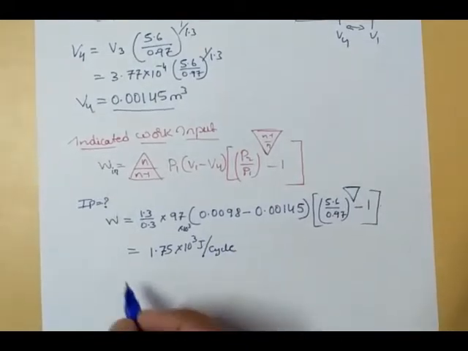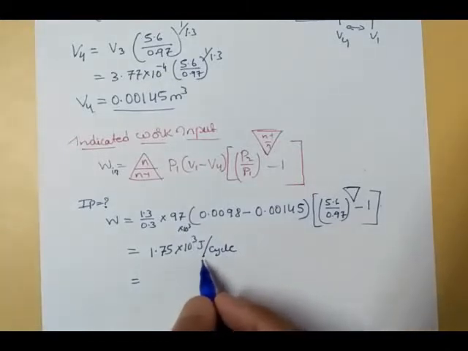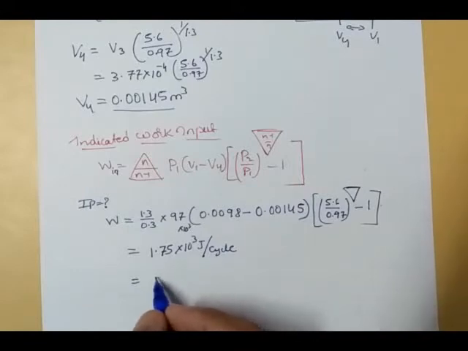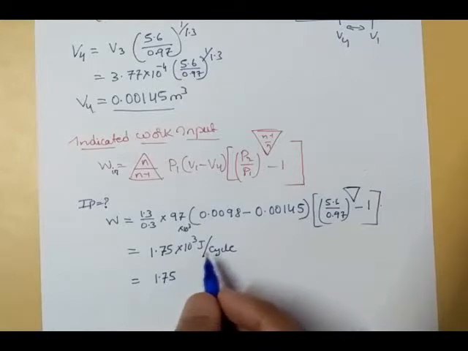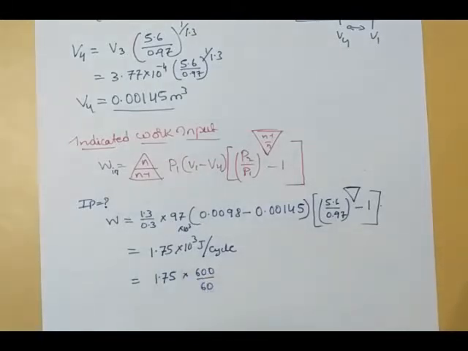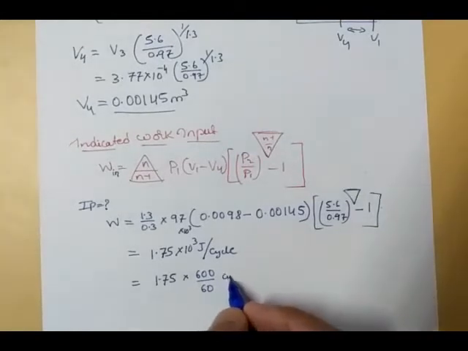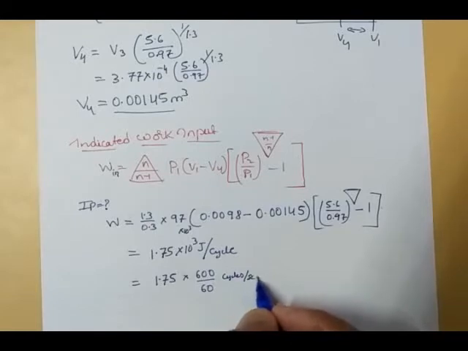If I have to get this per second, or joule per second, that is watts, I can multiply this 1.75 with how many cycles per second, that is RPM. 600 RPM they have told, so that is 600 cycles per second, right?